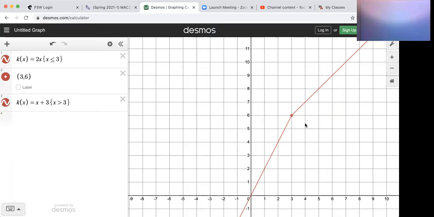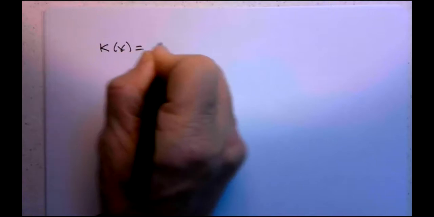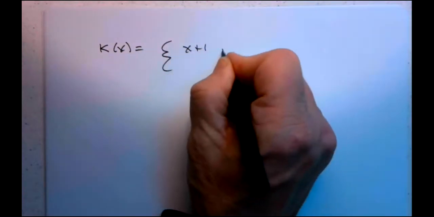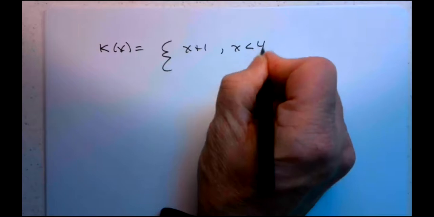All right. What about a situation like this? What if I have k of x equals x plus 1 if x is less than 4.